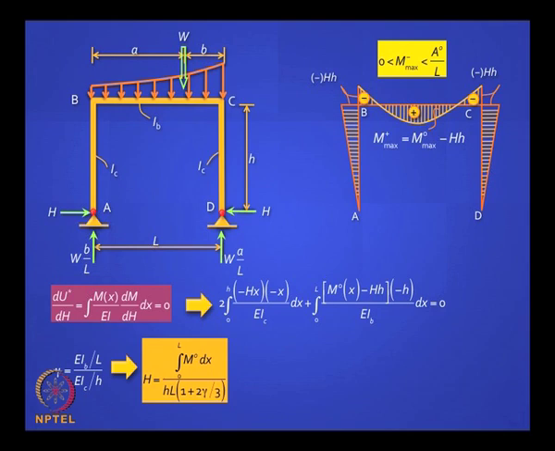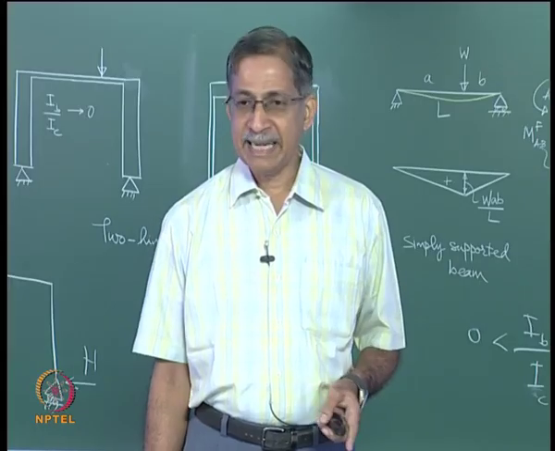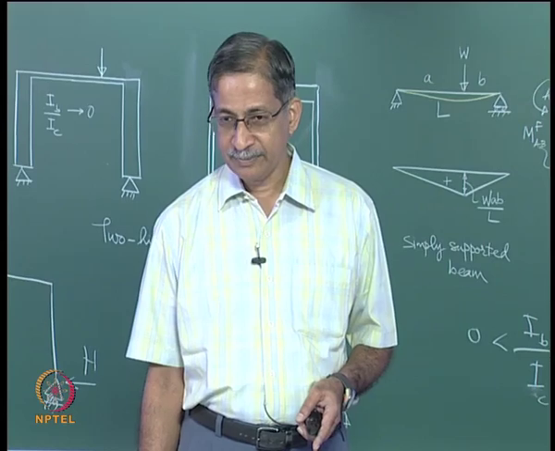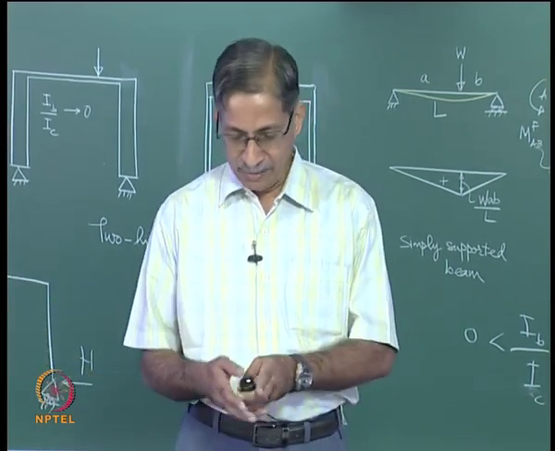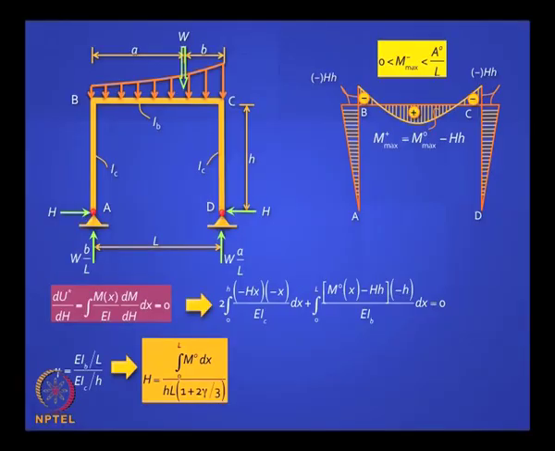So what does this remind you of? What is this? Integral M naught dx. It's an area. Area of what? Area of the free moment diagram, right? It's a useful relationship to remember, and we call that A naught.